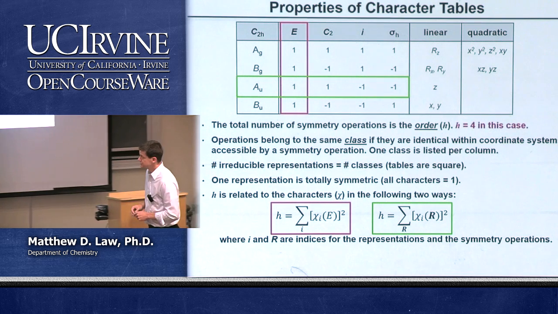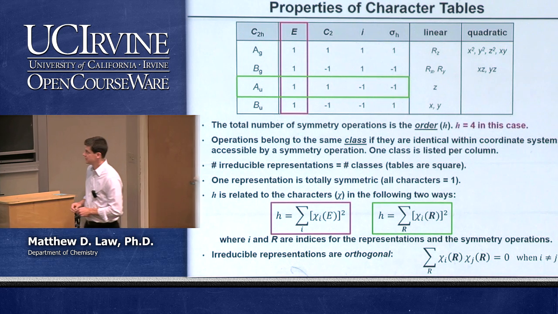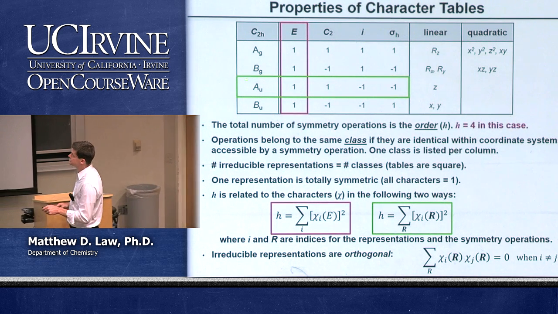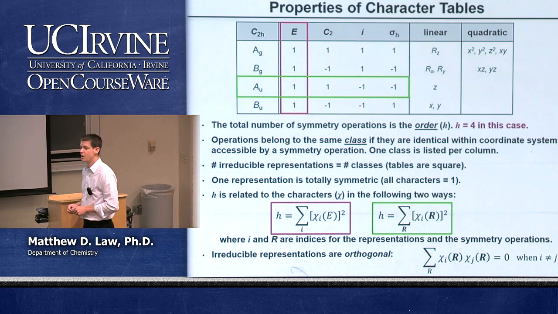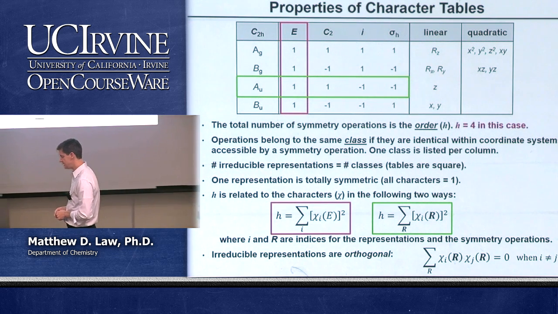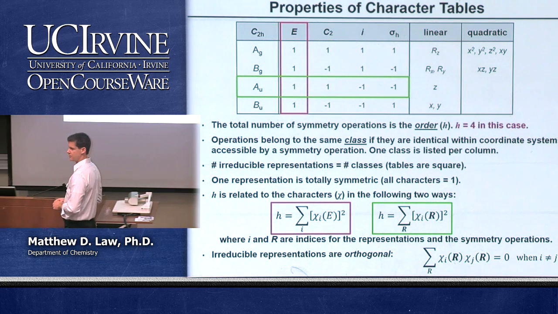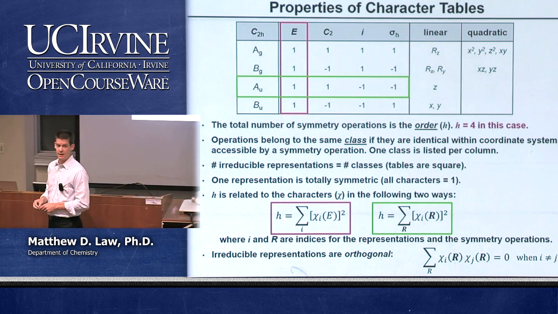And then finally, there's one other very important rule for character tables, and that is that the individual irreducible representations are orthogonal to one another in a mathematical sense. They don't have any component of one in any of the other irreducible representations.